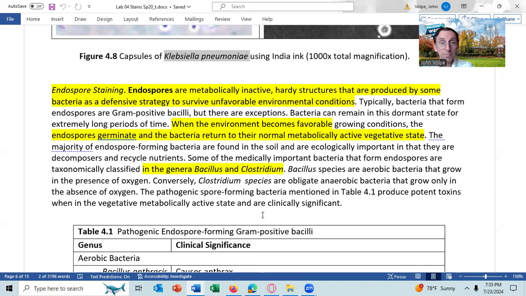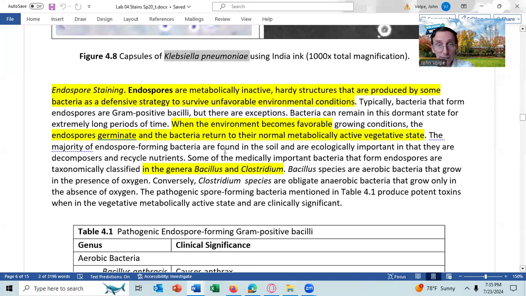The endospore is something that can survive harsh environments, and it just waits until the environment becomes favorable. Then the endospore will germinate, and the bacteria will return to its normal metabolically active vegetative state.